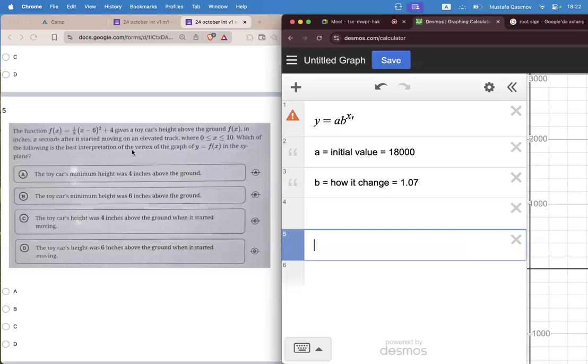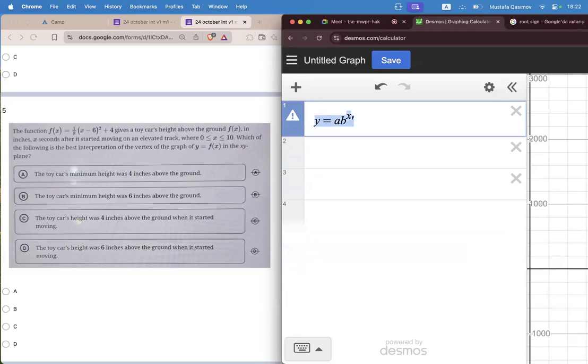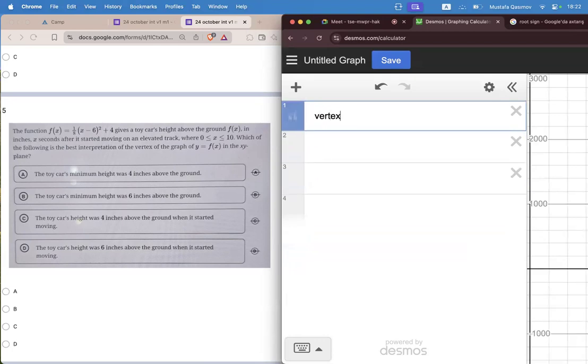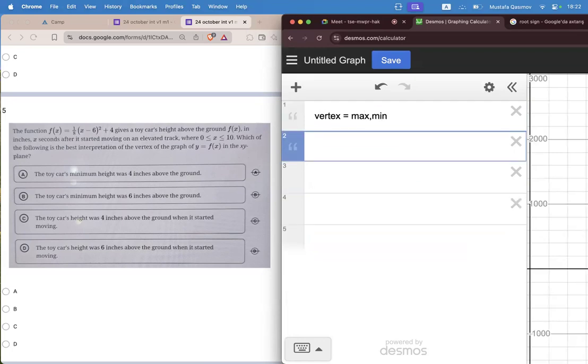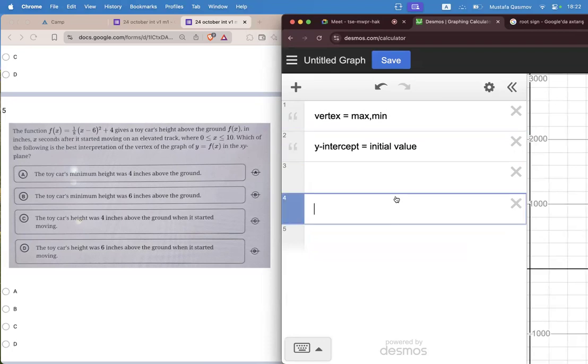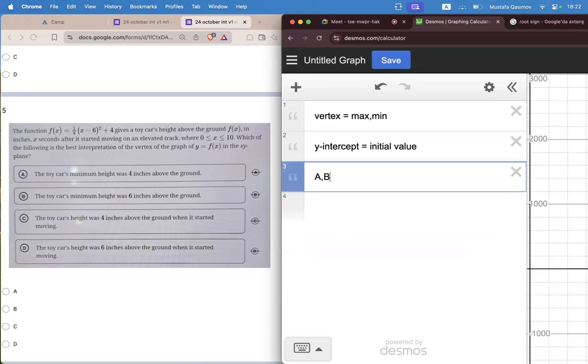5. When we are talking about vertex, it is maximum or minimum. But when we are talking about y-intercept, it is the initial value. So here for A and B, because it's minimum, it means that it is y-intercept actually.